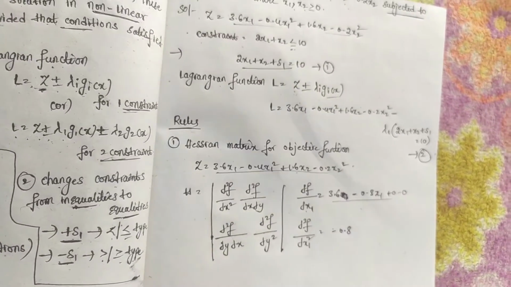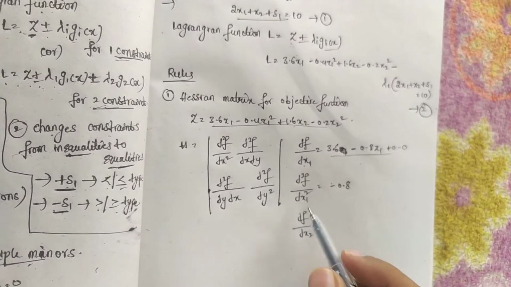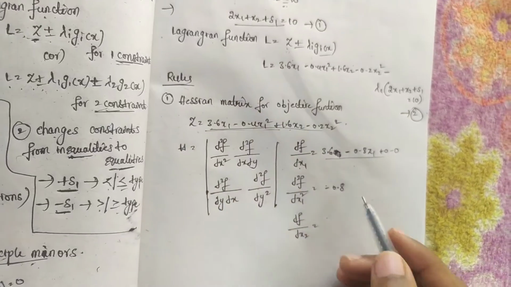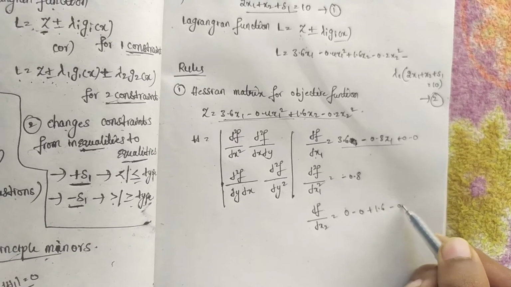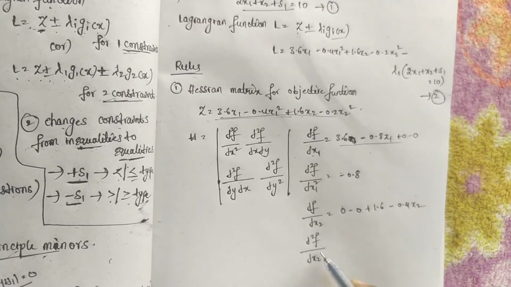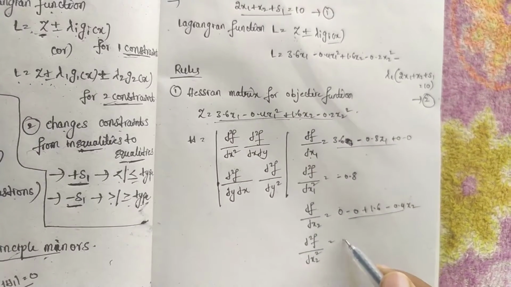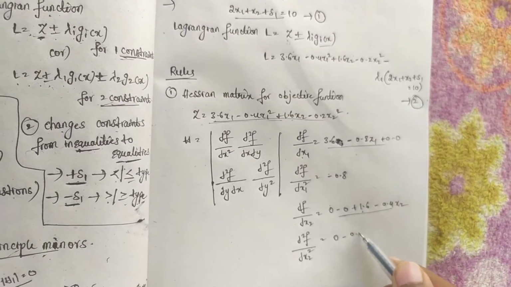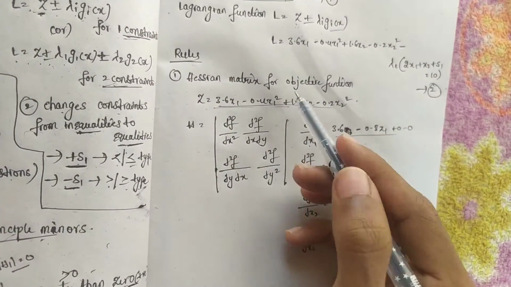Now dou f by dou x2: differentiating this function with x2, we get 1.6 minus 0.4x2. Then dou square f by dou x2 square: differentiating with x2 again, we get minus 0.4.